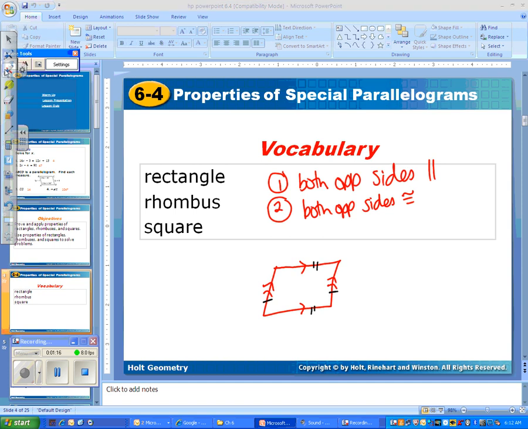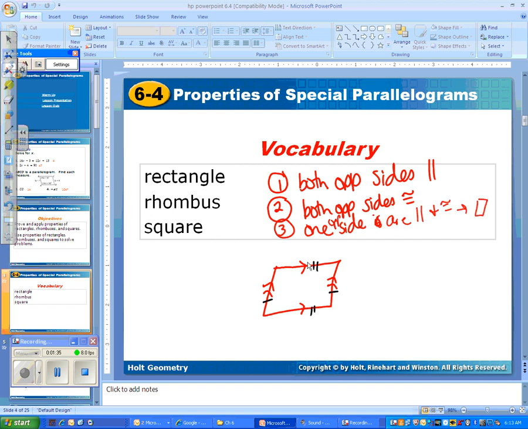We also know that if one set of opposite sides are parallel and congruent, then you're going to have a parallelogram.